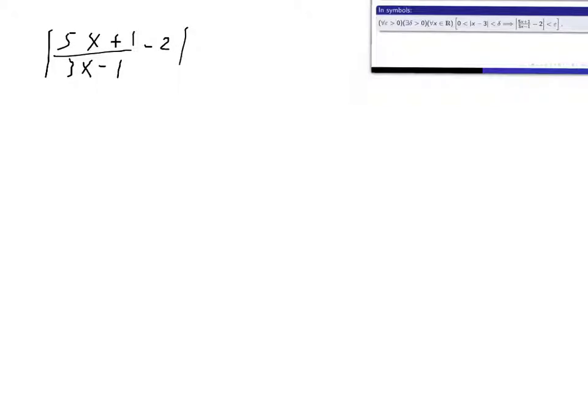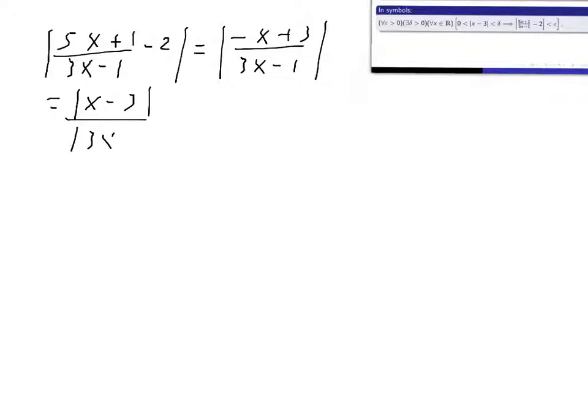If you calculate that, you'll see it comes out to be the absolute value of (minus x plus 3)/(3x minus 1), which, since it's an absolute value, is the same as absolute x minus 3 divided by absolute 3x minus 1. Now we're going to be assuming that absolute x minus 3 is smaller than delta, so I can use that as an upper bound for my numerator. That's smaller than delta divided by absolute 3x minus 1.